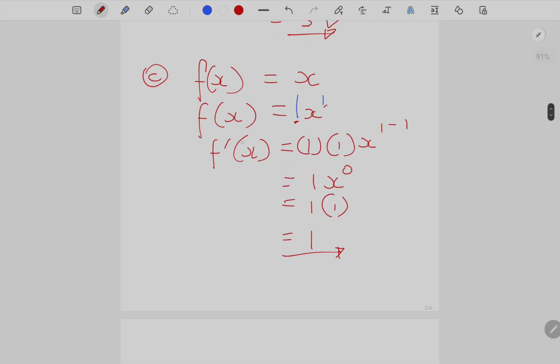Okay, so the f prime of x is going to be 1 times 1 x to the power 1 minus 1. Then what is 1 times 1? It's 1. What is 1 minus 1? It is equal to 0. Okay, so again, we all know that x to the power of 0 is equal to 1. Then what is 1 times 1? It's 1. Thank you.